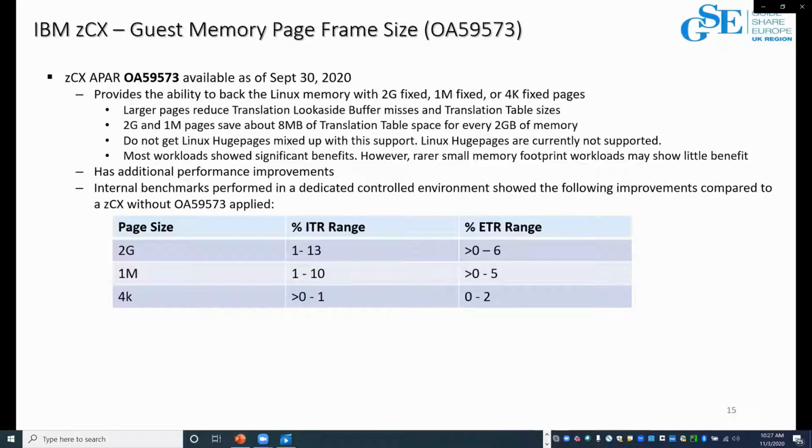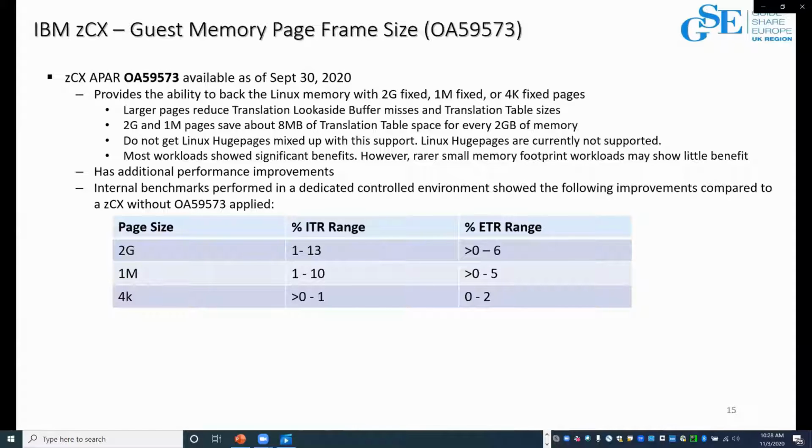And huge pages is Linux implementation of large pages. Currently, with zCX, we tell Linux basically that the machine it's running on does not support the technology for them to support huge pages. That's where we are right now. In the future, that might change, but as of right now, that's where we are, okay? So don't get the two confused.